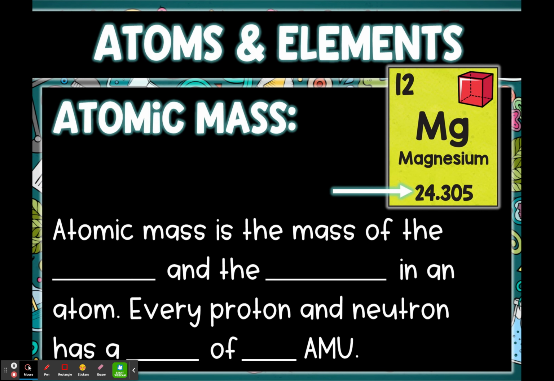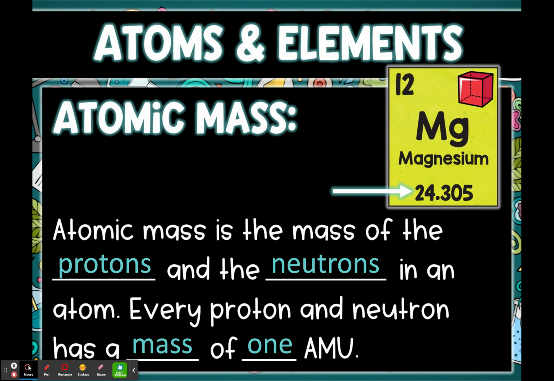All right, you will also find on an element's description on the periodic table its atomic mass. Atomic mass is the mass of the protons and the neutrons in an atom. Every proton and neutron has a mass of 1 AMU.